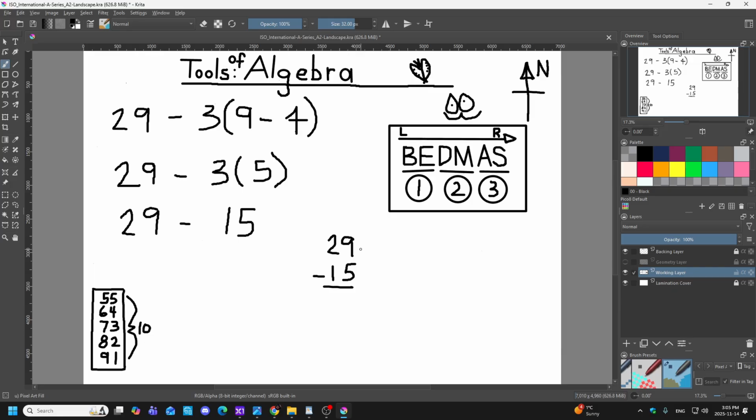Perfect. We can do straight subtraction, which is 4. 2 is greater than 1. Perfect. We can do straight subtraction. We have 1. Our answer is 14.